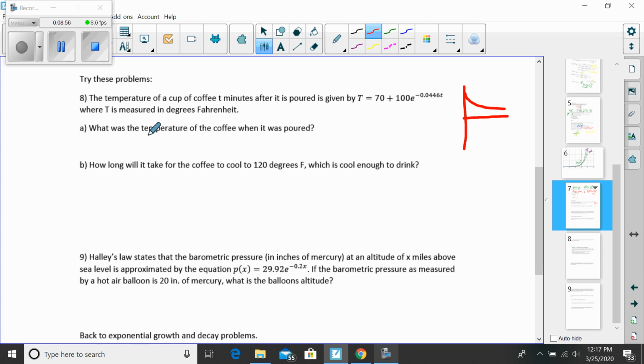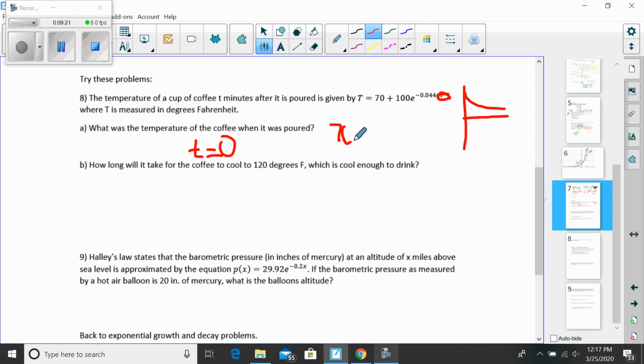So anyway, this is asking, what is the temperature of the coffee when it's poured? Well, if it's poured, it's time 0. So if I plug in 0 for t, I have to multiply this by 0. Well, that's just 0.